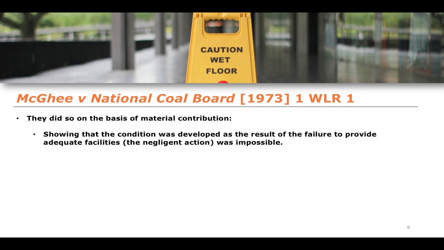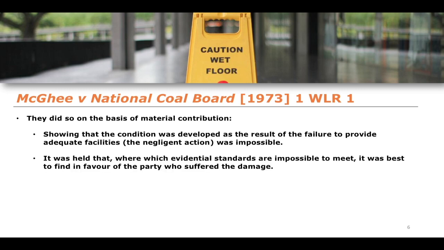To satisfy the but-for test, i.e. to show it was this negligent action that caused this skin condition, not all of the other times I've been exposed to the brick dust that was not the result of negligent action. But it was held that where such evidential standards are impossible to meet, it was best to find in favour of the party who suffered damage.